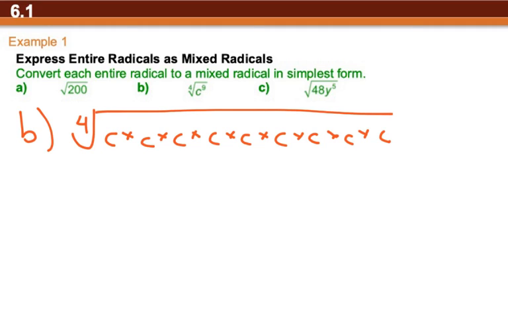Looking at this now, we need to look for groups of 4 that we can group off, and we have 4 C's here. We have another 4 C's here.